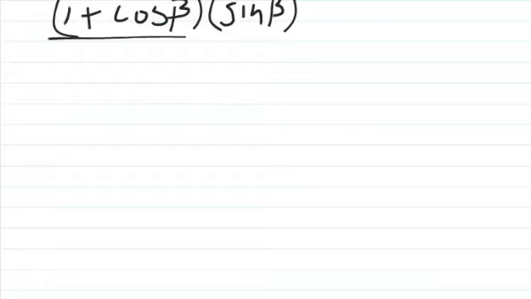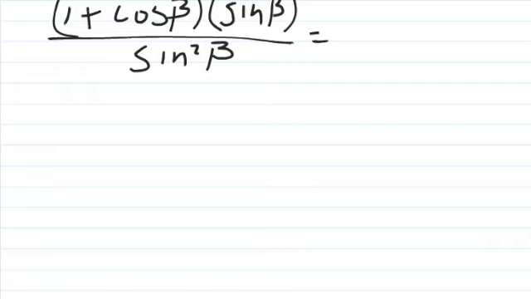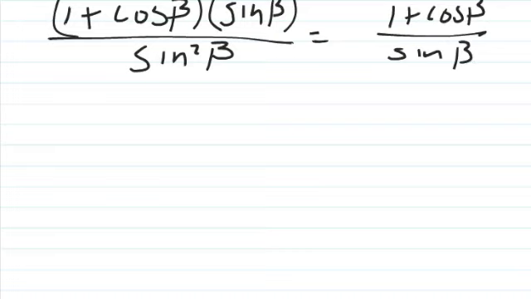and at that point we get 1 plus cosine beta times sine beta over sine squared beta is equal to 1 plus cosine beta over sine beta.